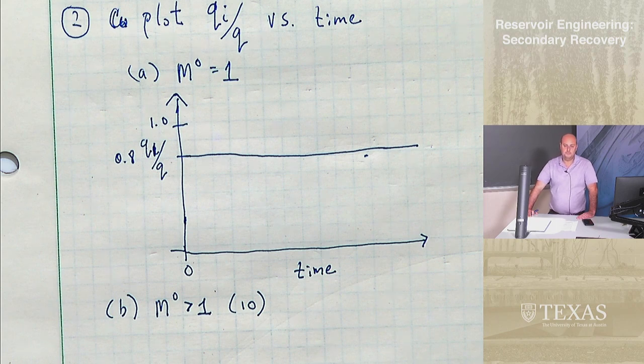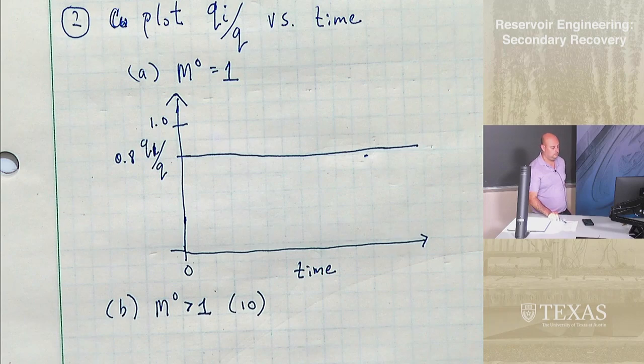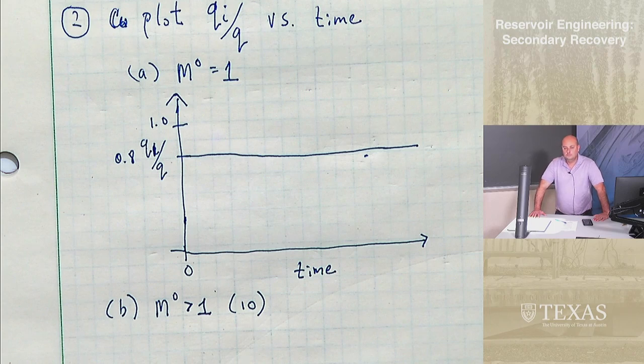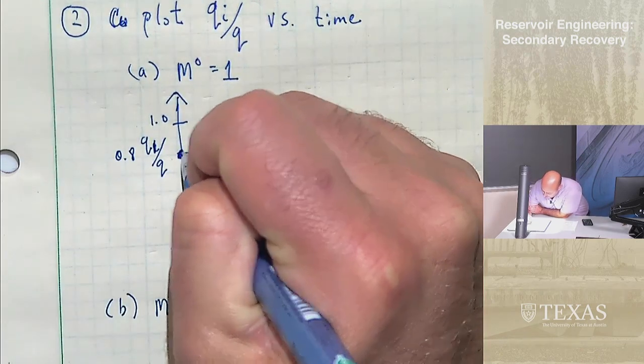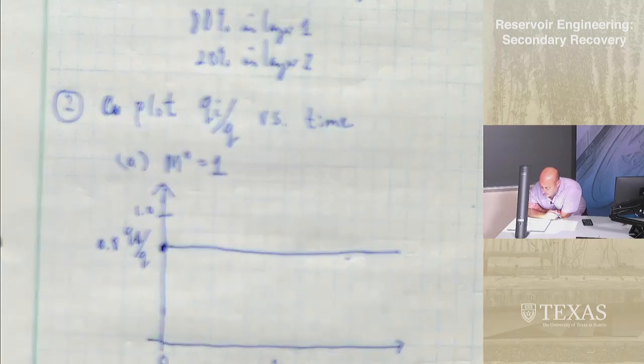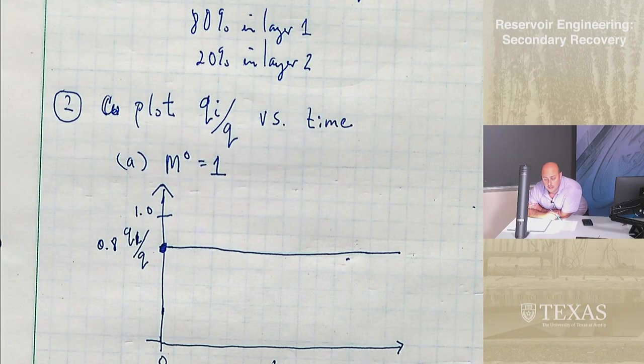Plot what that looks like. Now, at time equal to 0, this is still the case, so question number 1 still applies. 80% of the flow is going into layer number 1 initially, and 20% is going to layer number 2.